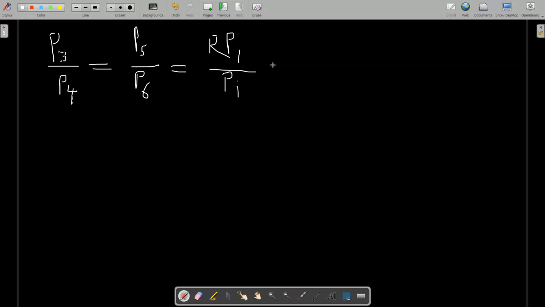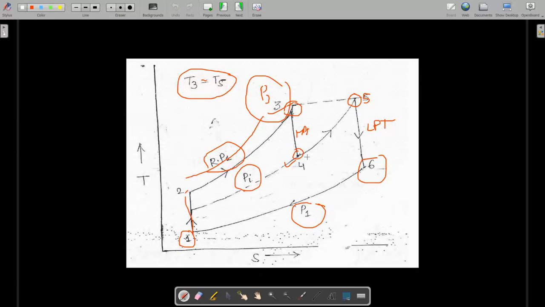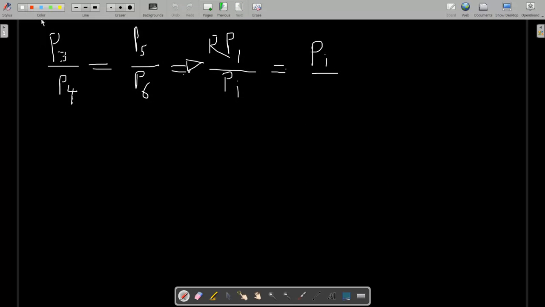P5 is also on the intermediate pressure, so I can write PI. Look at the figure: this is P4 and P5, both on the same pressure line, the intermediate pressure PI. So PI divided by P1, because P6 is at the inlet pressure line.